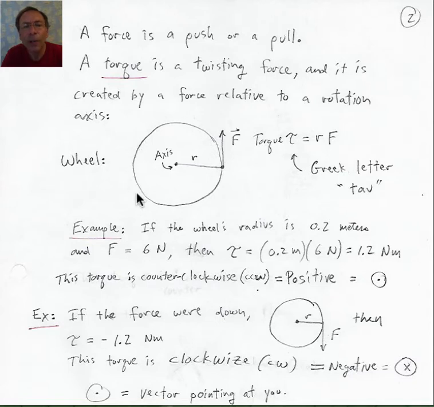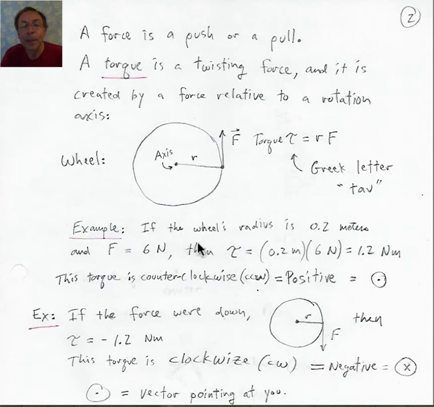So if I have a wheel and here's the axle or rotation axis, and I apply a force this way, then the torque is going to be r, the radius at which we put the force, times the force itself. So now you can see why you had these funny units, right? R is in units of meters, and force is in newtons, so the units are going to be meter newtons, but we always say Newton meters.